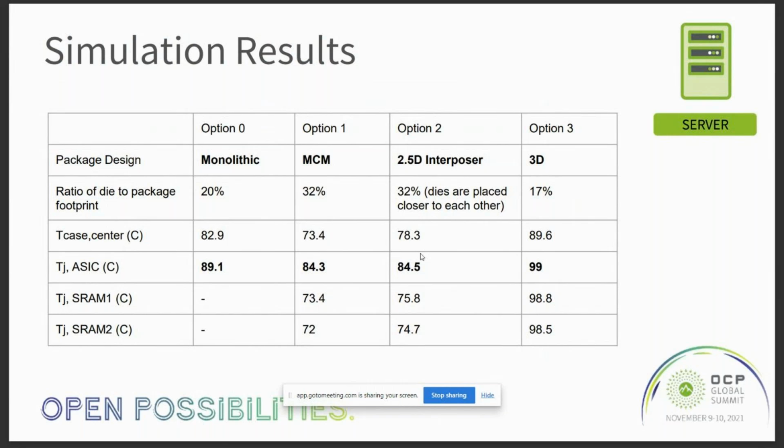But the problem is that because we had several dies, the physical meaning of this case temperature is not going to work very well if we try to use this temperature to define the thermal performance of the modules. Okay, let me move to the next slide.